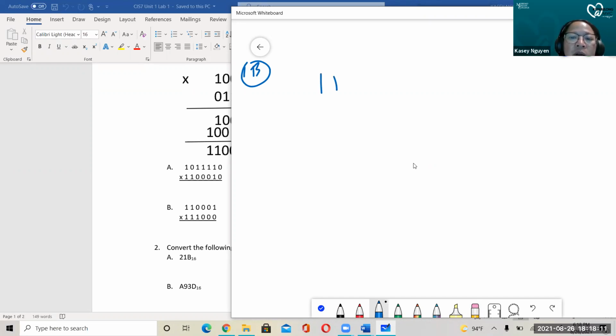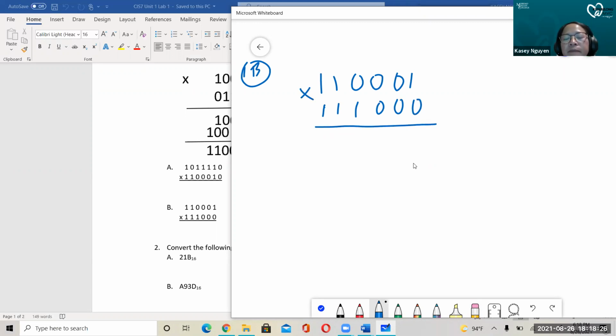It's 1 1 0 0 0 1, and then 1 1 1 0 0 0. And we're going to multiply. We're going to start with the 0 here.